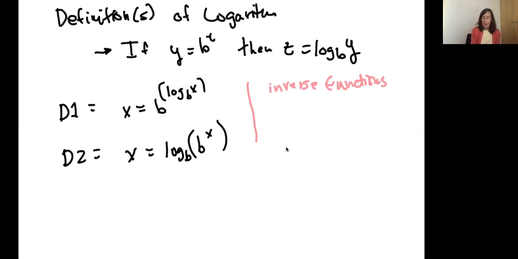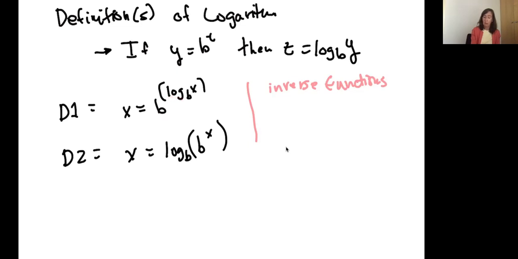Okay, if you take the log of a number and you get a different number, how do you get back to what you started? Oh, you take the base of the log and raise it to that power. That's D1. Okay, so how do you undo the log function? With an exponential function.